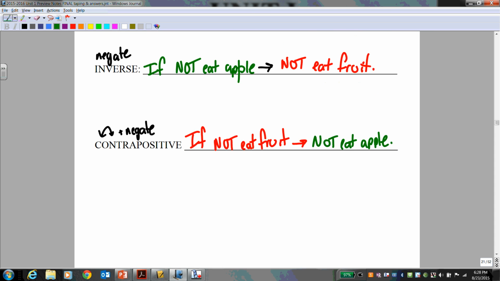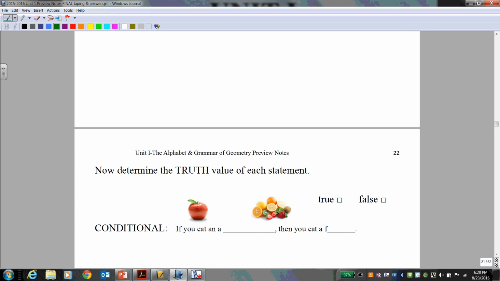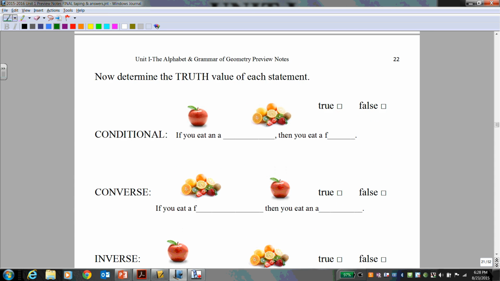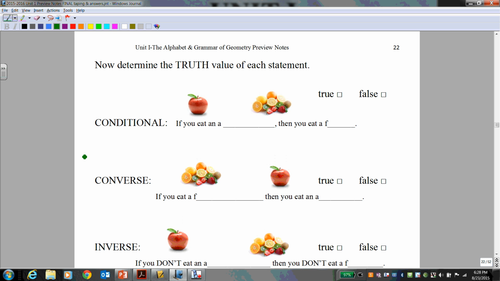Okay, now we're going to talk about something called truth value. Now you're going to actually analyze whether or not the statement is true. So ready? Let's take this one at a time. The conditional says, if you eat an apple, then you eat a fruit.